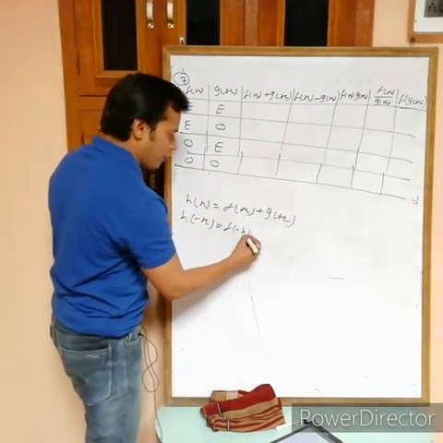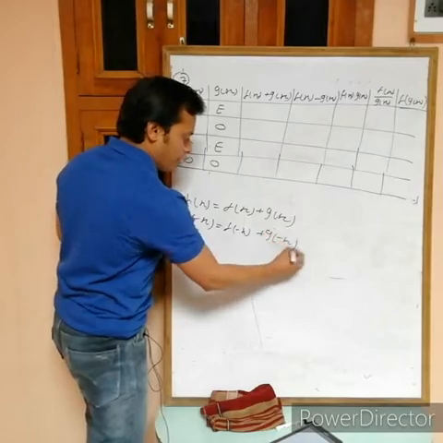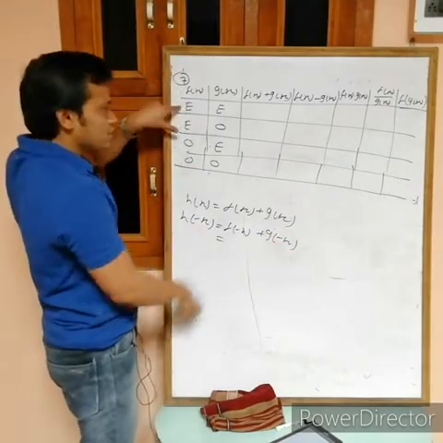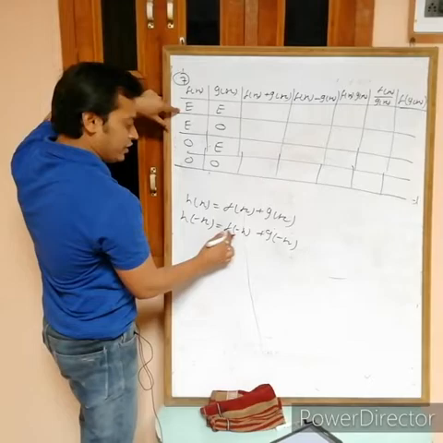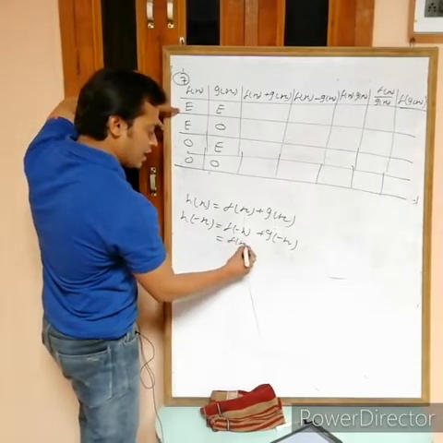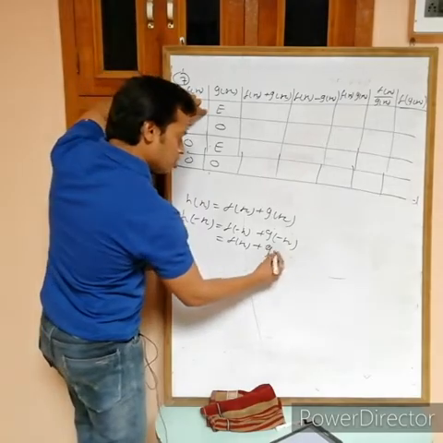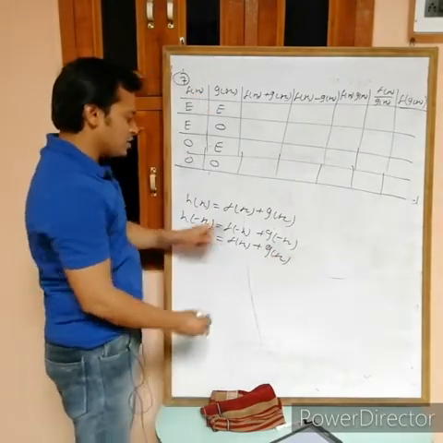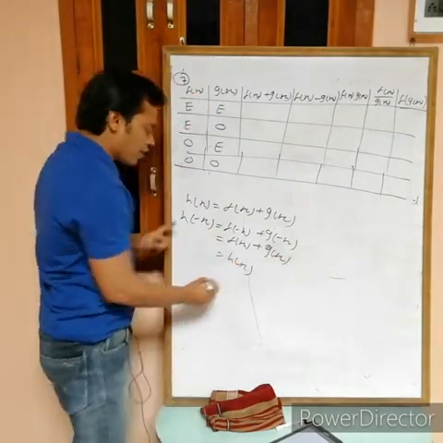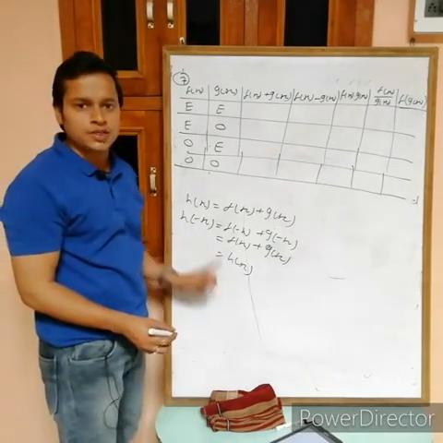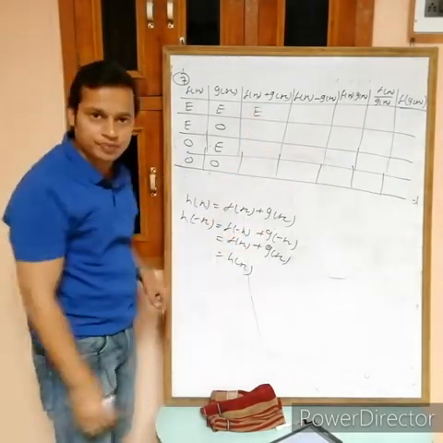What are we getting? f of minus x plus g of minus x. Now f(x) is even for this case, then f of minus x is f(x). g(x) is also even, then g of minus x is g(x). Okay. Now see, this equals h(x). So h(-x) equals h(x), it means h is an even function.